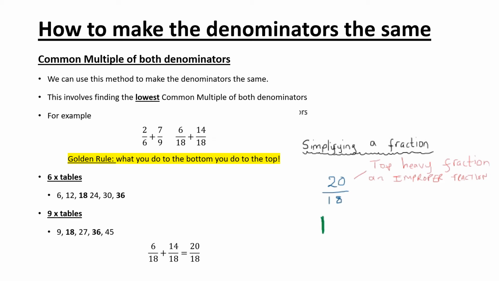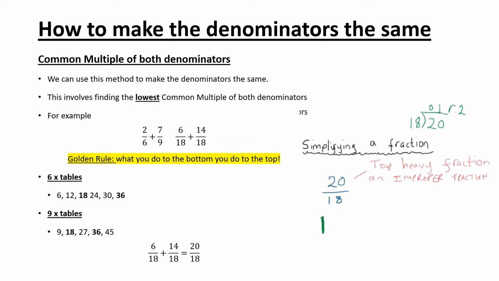Another way to explain this: how many 18s are there in 20? There is only one, and there are 2 left over.